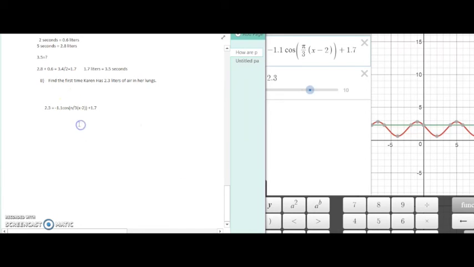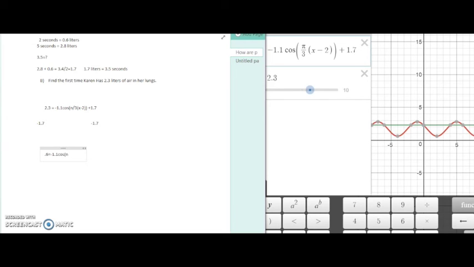First you have to subtract 1.7 from both sides, and you will get 0.6, and that will equal negative 1.1 cosine pi.